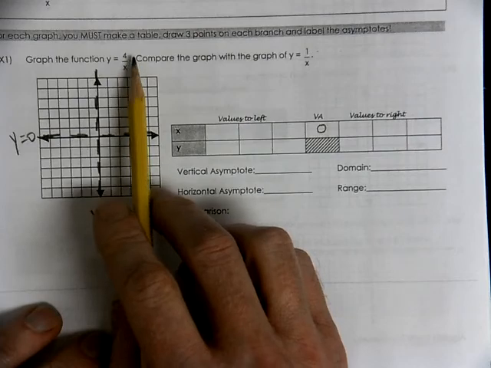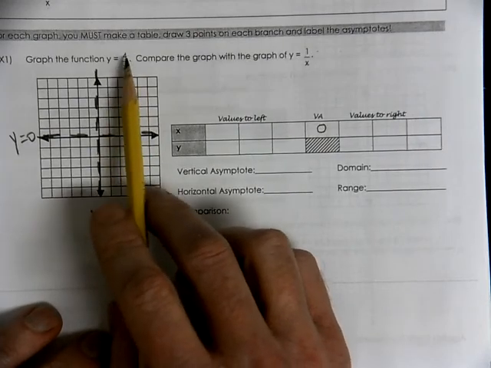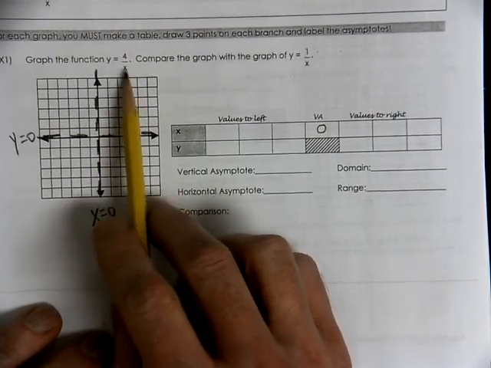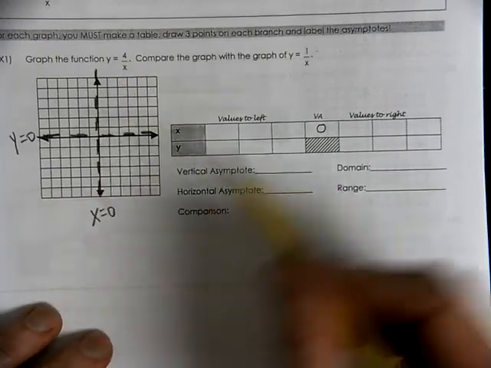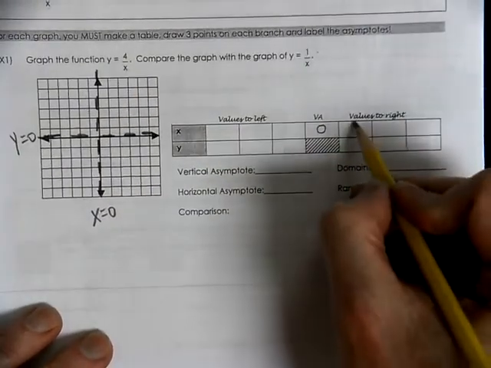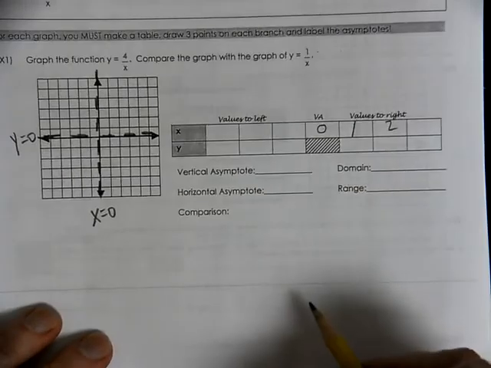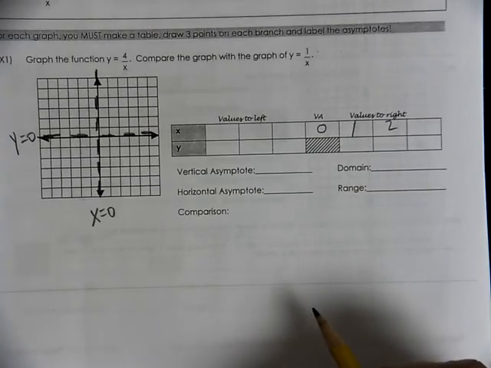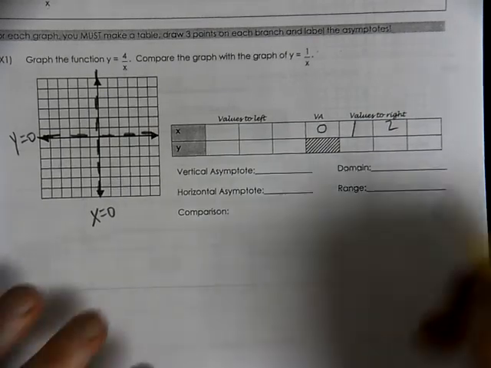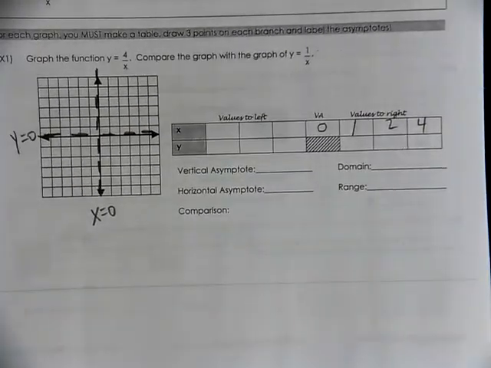If you pay attention to what type of equation you're working with, use numbers that would divide into 4 nicely. So 1 would divide into 4. 2 would divide into 4. 3 would not go in there evenly, not so easily. So we could easily do 4.